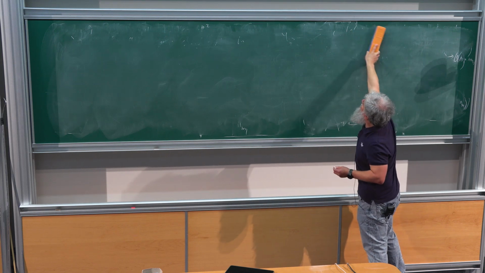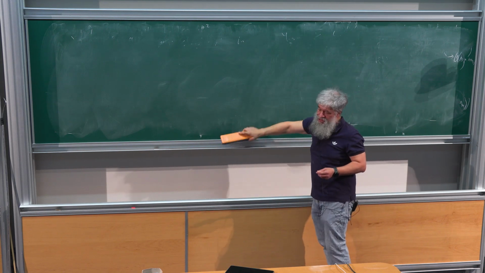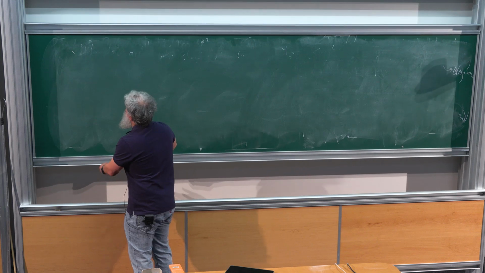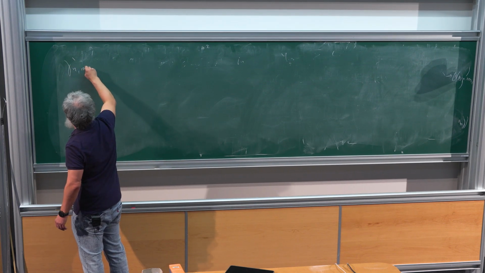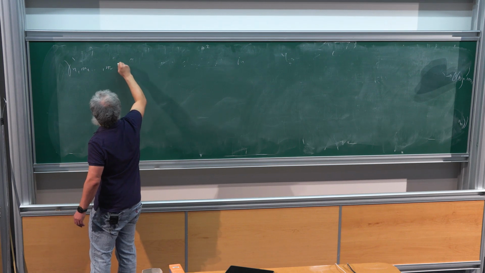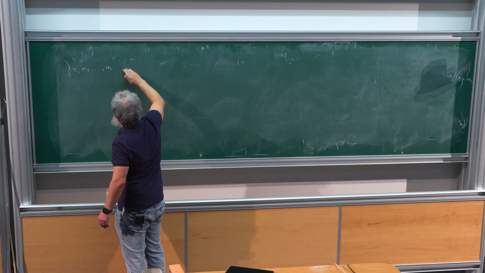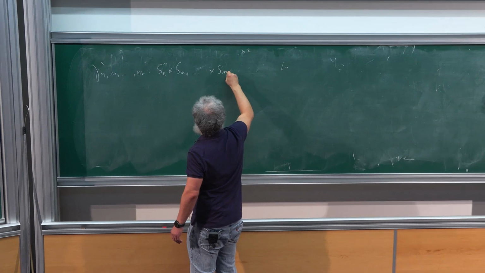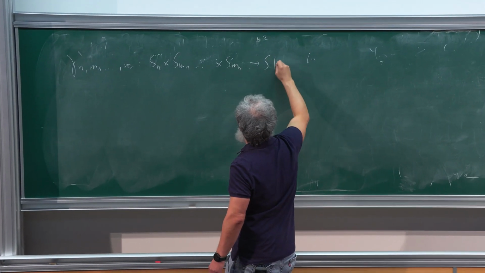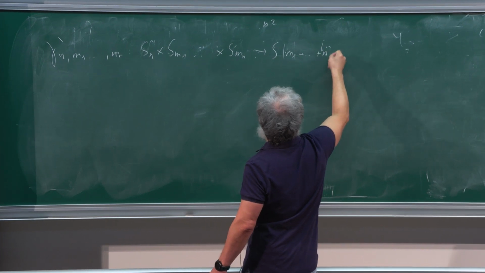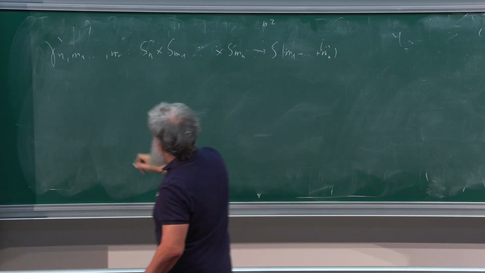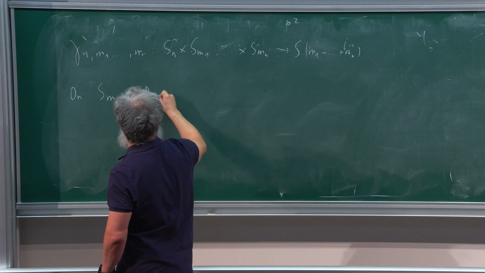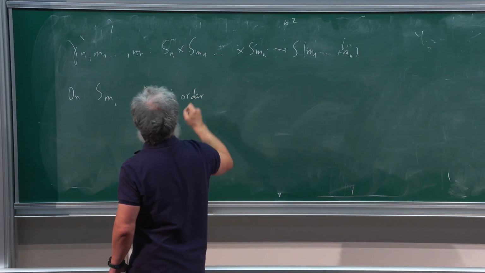If we have this operator with symmetry group, then on the permutations there is the Bruhat order. So we have this map gamma n, m1, mn on symmetry groups, which maps Sn, Sm1 through Smn to S of m1 plus mn. On each Smi there is the Bruhat order on permutations.